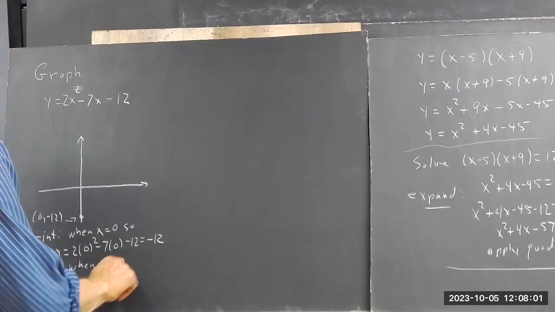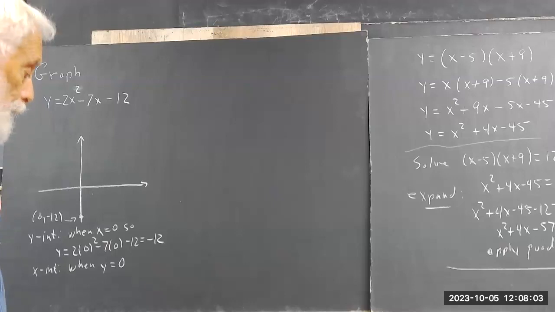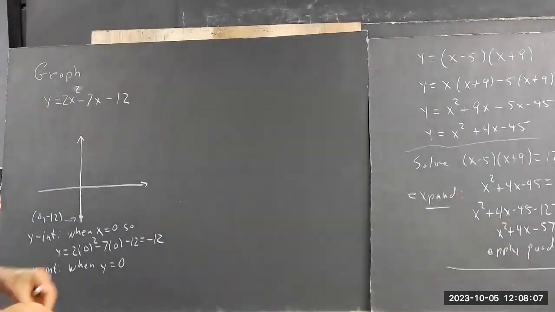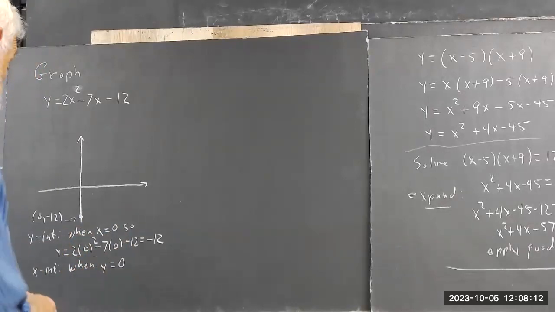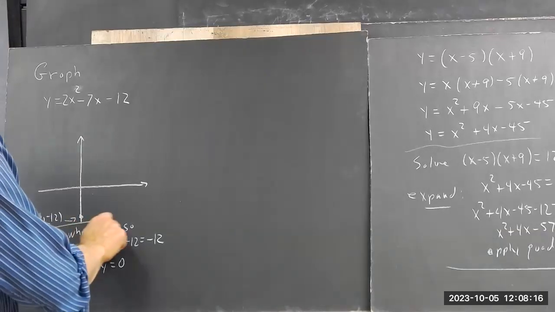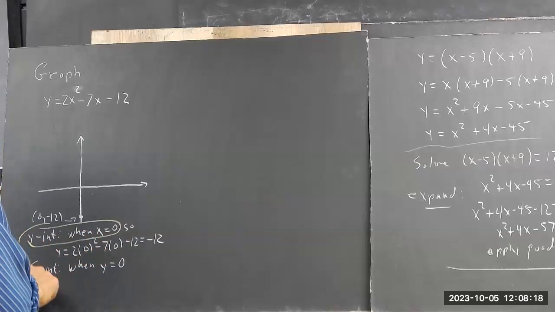Well, those occur from y equals 0. You really want to make this second nature. Almost for any function you get, you want to find the x and the y-intercepts. So, y-intercept when x equals 0, x-intercept when y equals 0.